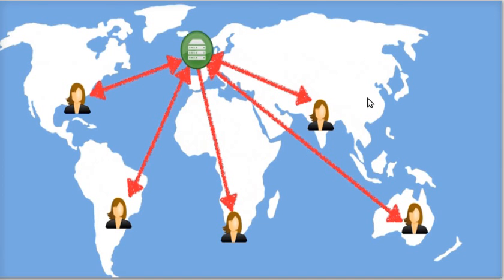But there is a drawback: the requested file will take a long time to get delivered to the customer from the server. So to overcome that problem, we have the concept of CloudFront.